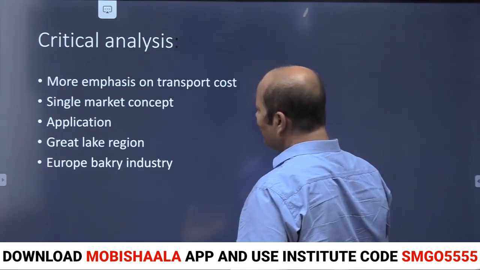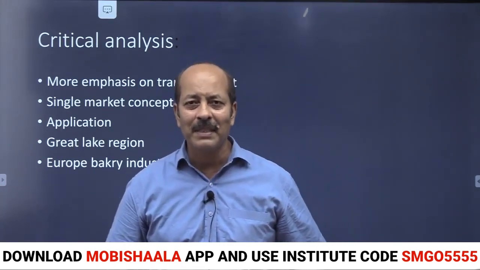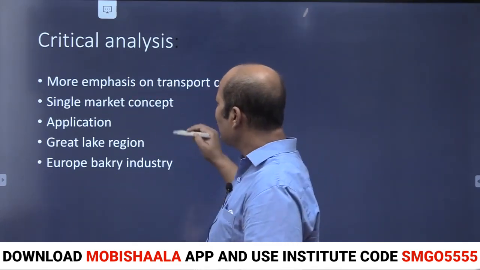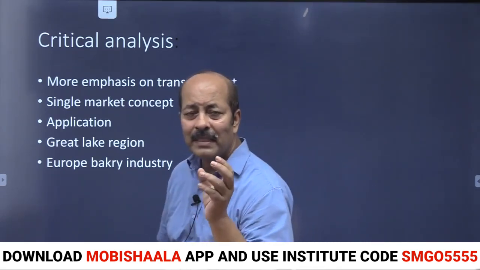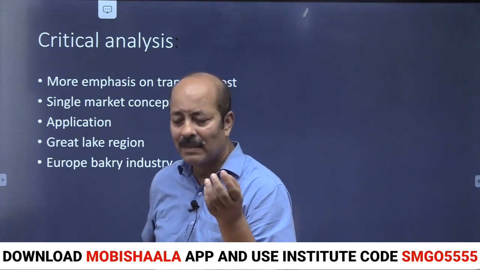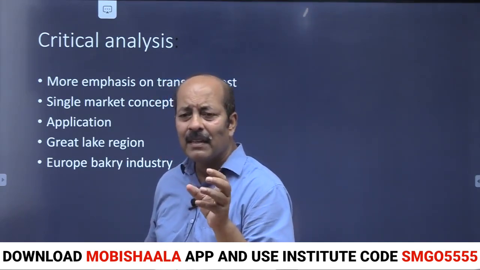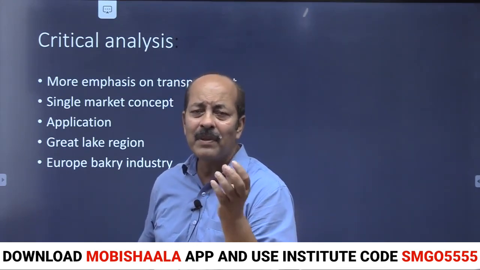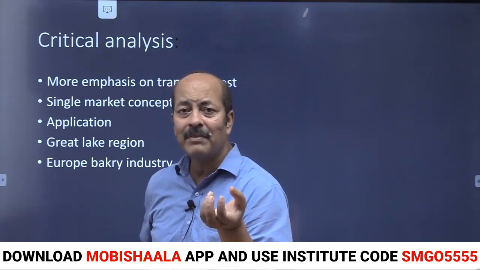Now come to the last discussion area of Weber's theory, Weber's least transport cost theory. As criticism, there are very few points we can mention about this theory. The first thing: he always emphasized transport cost, not demand, supply and other factors.